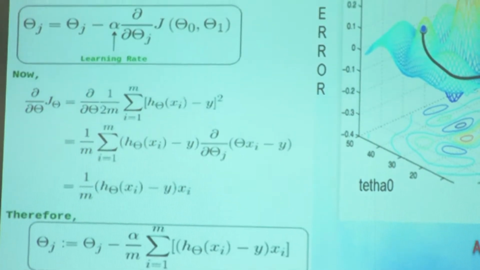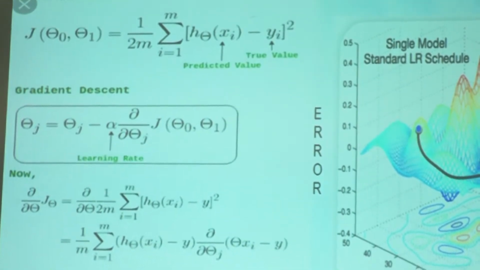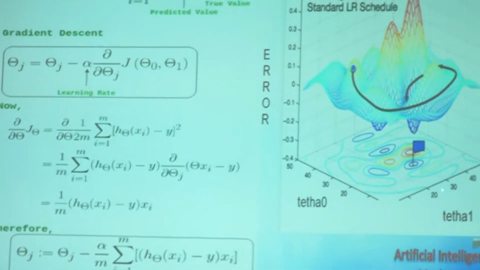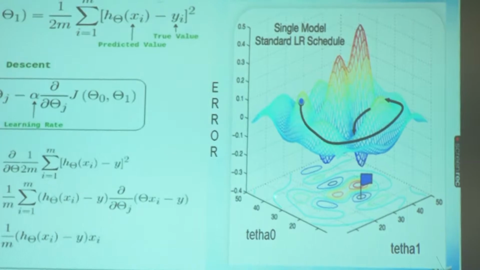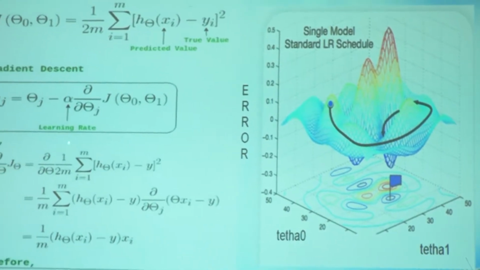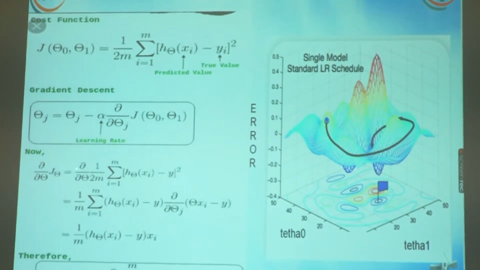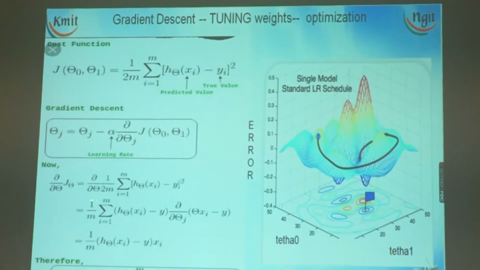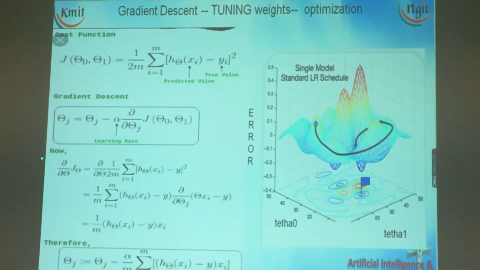If the error is more, what do we do? Update the weight, update the coefficient. So until which point do we need to update the weight? Until it converges to the saddle point. What is the saddle point? Where the accuracy is more.